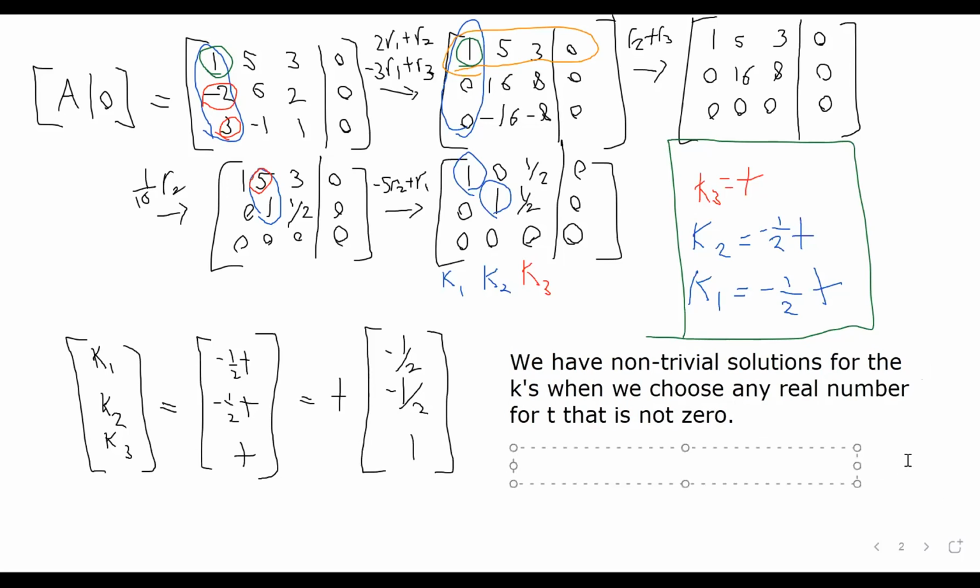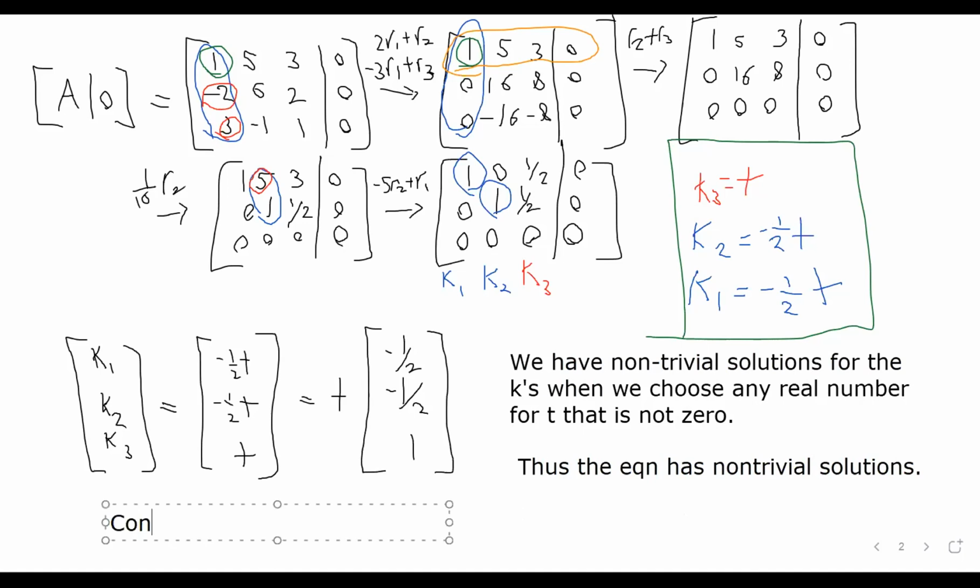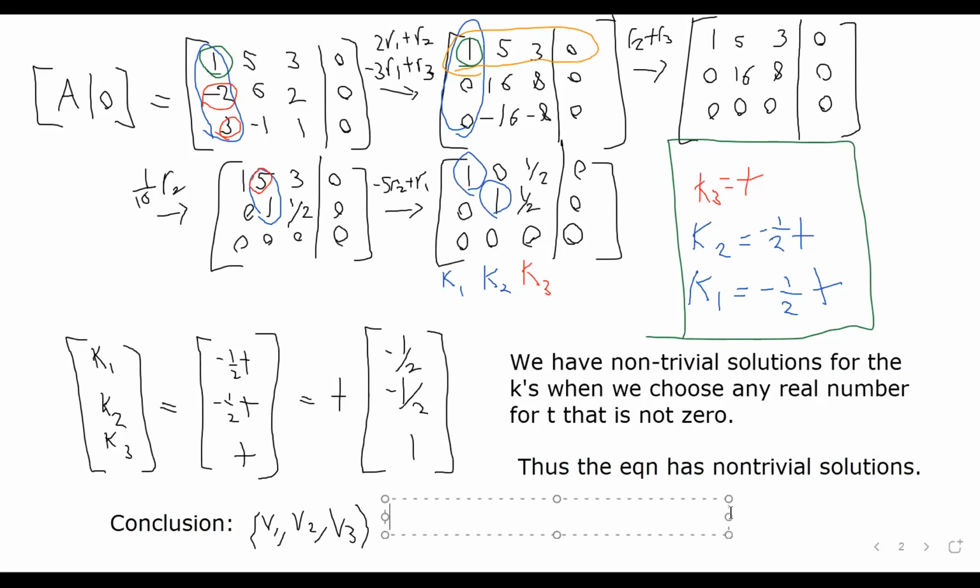So thus, the equation we talked about has non-trivial solutions. And so that means that our set of vectors B1, B2, B3 is not linearly independent.